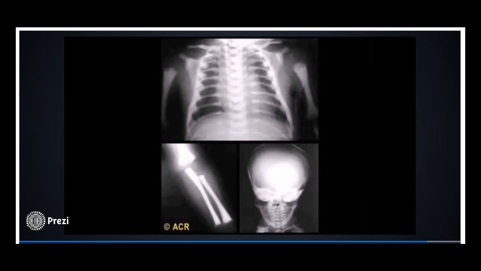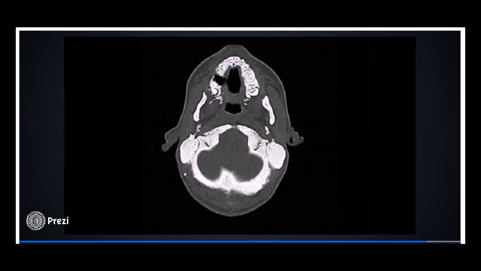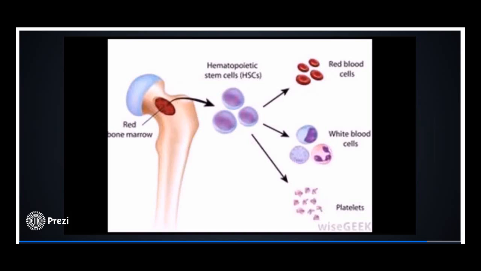As shown in these x-rays, when diagnosed with osteopetrosis, the bones in people usually appear to be more dense and chalky white. With very severe cases, bone marrow transplants may need to be performed.